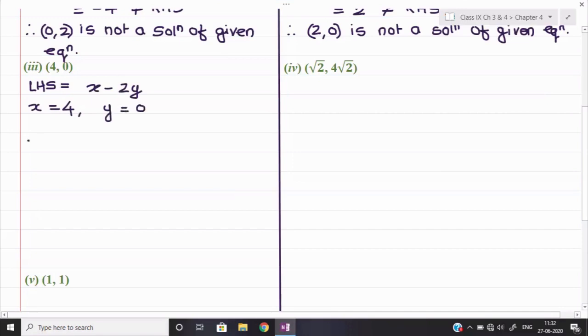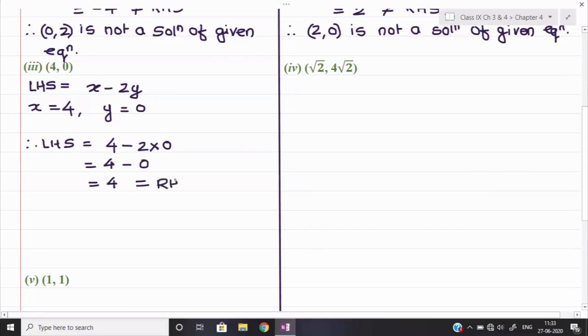Okay, so now what can be the value of the left hand side? In place of x I am keeping 4 minus 2 into 0. 2 into 0 will become 0, and from 4 if I subtract 0, you know it very well, it is 4. And see, this is our right hand side.